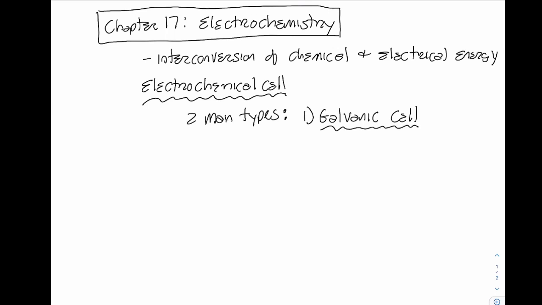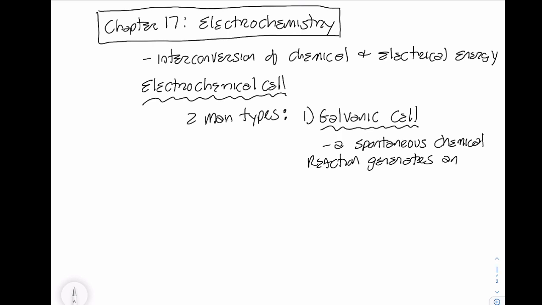So this is the one where we have a spontaneous, and remember, spontaneous means the reaction is going to occur on its own without any sort of outside influence. So I have a spontaneous chemical reaction that occurs, sorry about that, that generates an electric current.